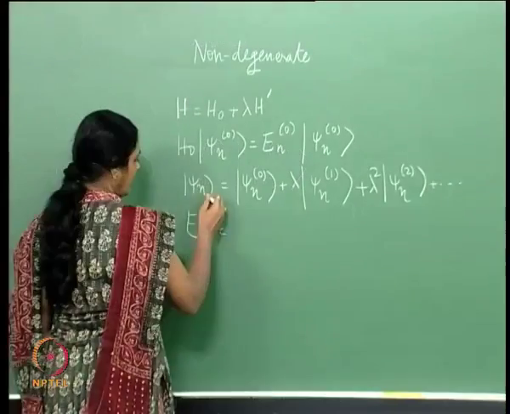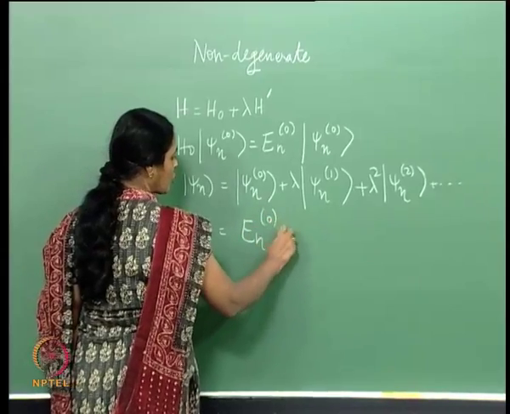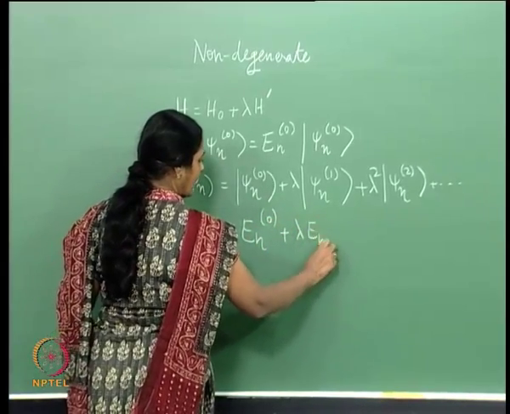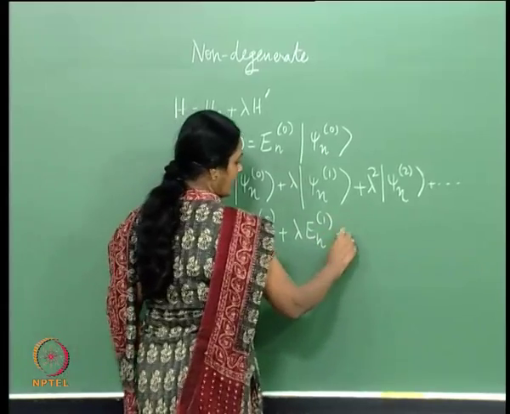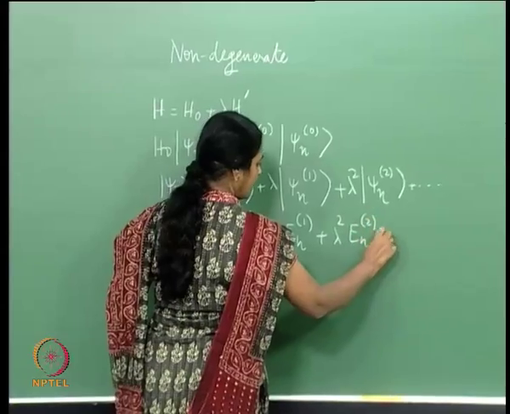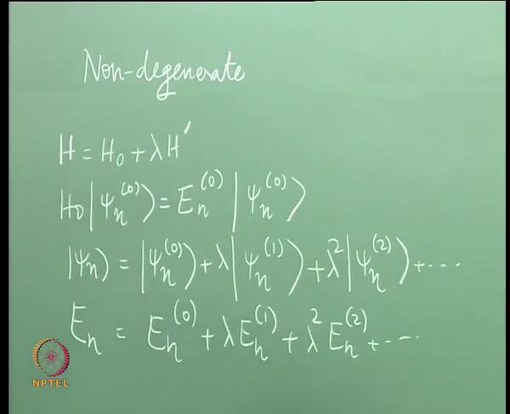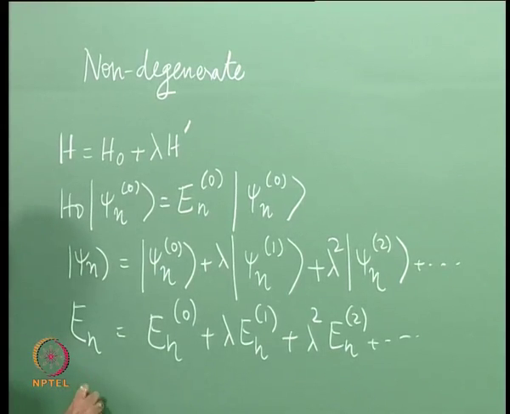Similarly, the energy eigenvalues get a contribution because of the perturbation. To first order there was a contribution E n 1, to second order there was a contribution E n 2 and so on. And then we had these expressions.